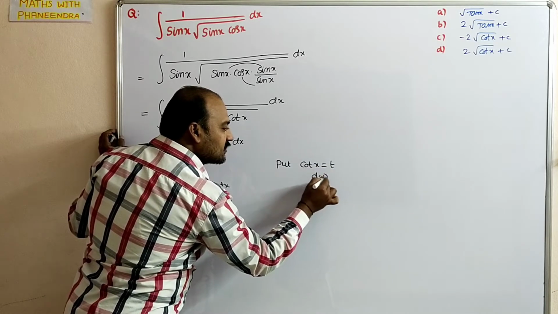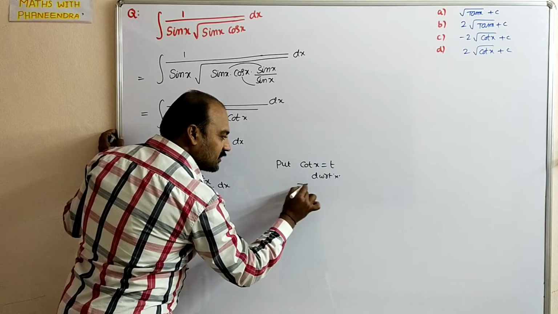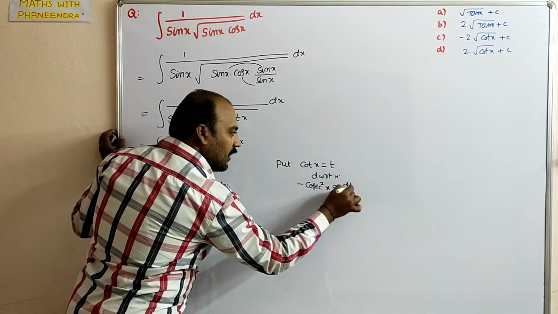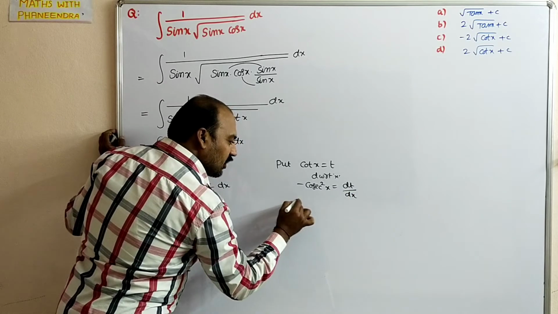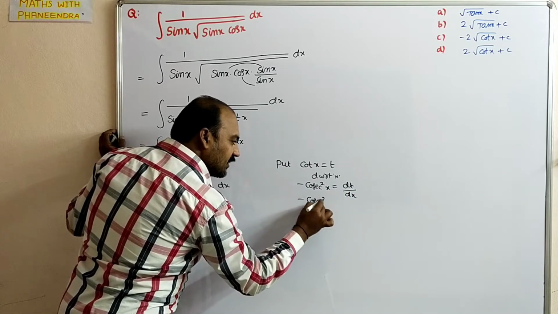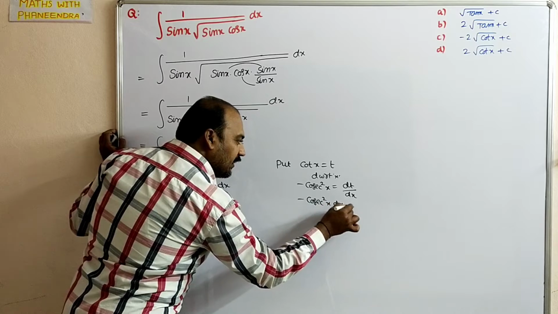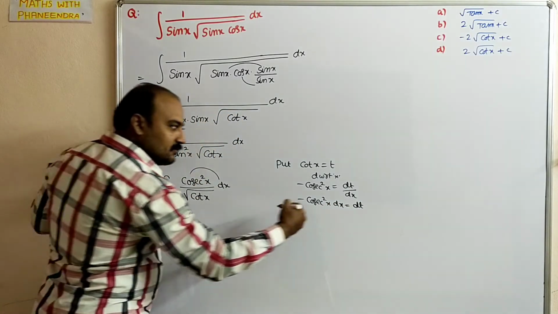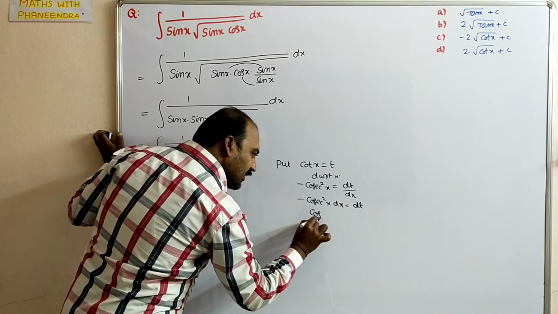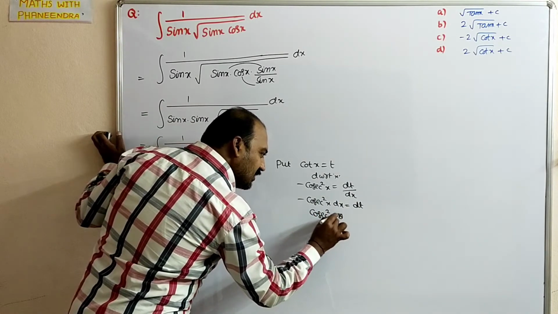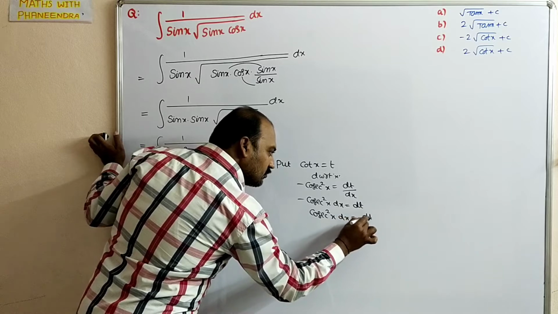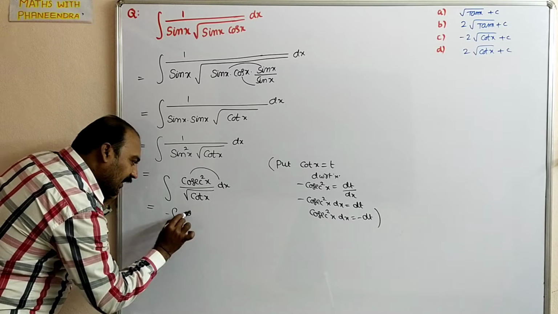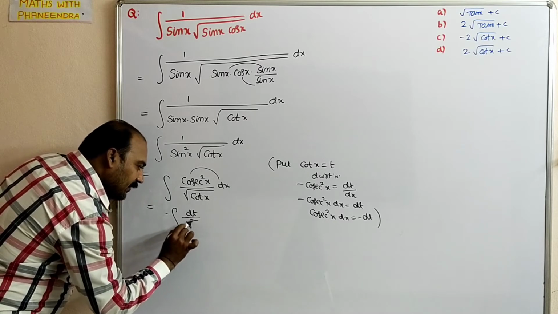Differentiate with respect to x: d by dx of cot x, minus cosecant square x, is equal to dt by dx. Cross multiplying, minus cosecant square x dx is equal to dt. But in place of cosecant square x dx, multiplying on both sides by minus, cosecant square x dx equals minus dt. So the numerator becomes minus dt by root t.